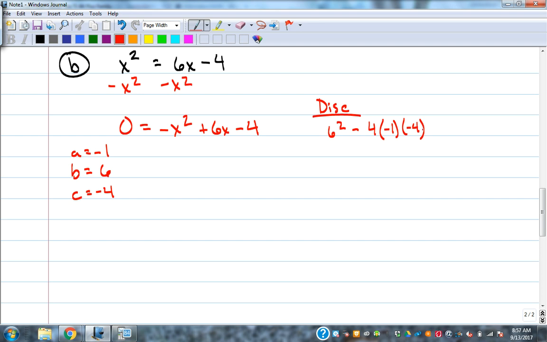Working that out, 36 minus 16, just positive 20. So that means there's how many solutions and what kind? 2 reals.